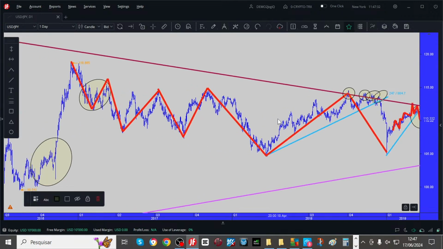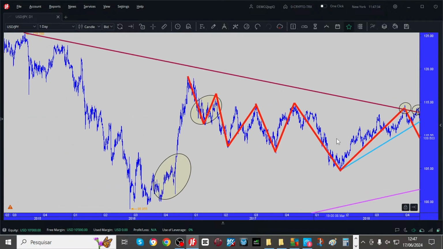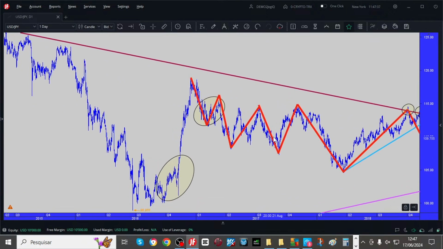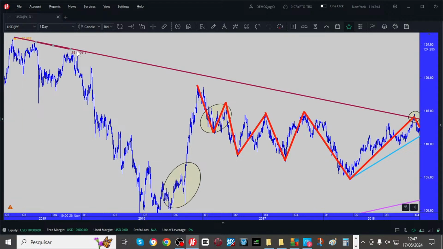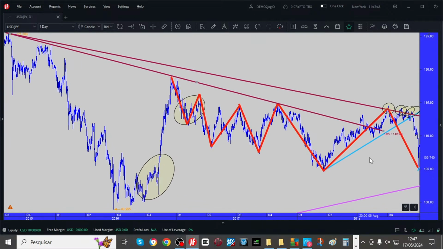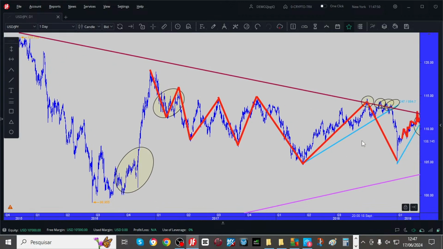This trend line stays like this because, well, I can also do it on the downside, right? I can make the medium term, short term, something like this. But this is going to be confusing.